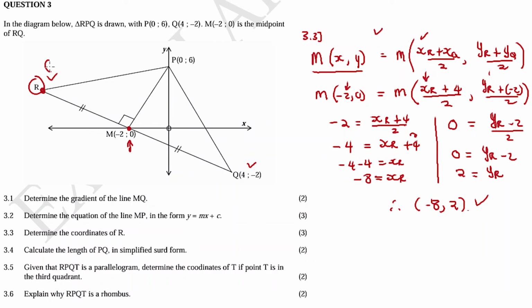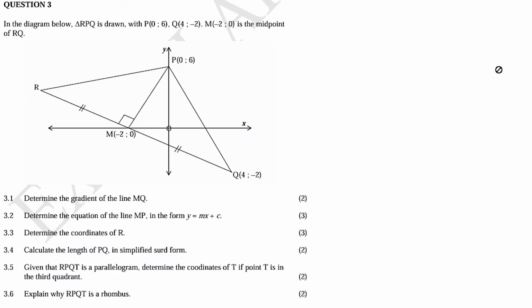Let's say they give you minus 8 here and then say they don't know the y, then the gradient will work much more quickly that way. Sometimes they give you the distance between the 2 points to calculate the unknown coordinate, and it works fine. But if you want to find the 2 coordinates, always try to work out a midpoint between those 2 points, and you will get your coordinates much more quickly.